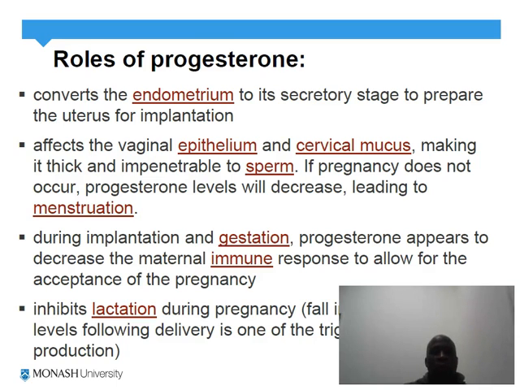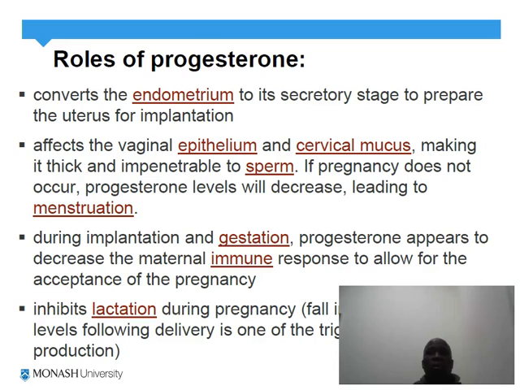Okay. During implantation and gestation, meaning during implantation and pregnancy, progesterone appears to decrease the maternal immune response. Okay, so the immune response decreases to allow for the acceptance of the pregnancy. What it means here is that once the pregnancy has been established, that fetus is normally recognized as a foreign body by the immune system, because we have different types of cells.